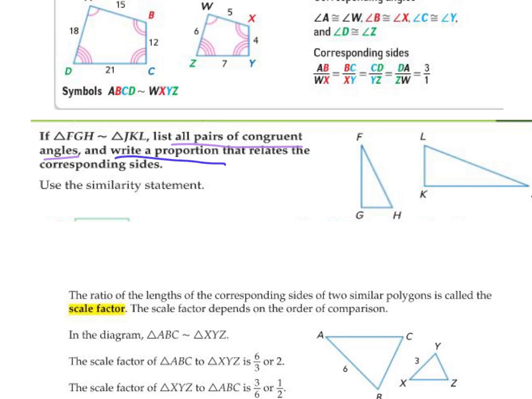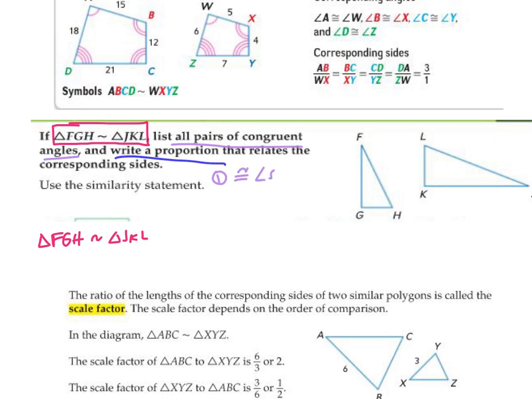First, we want to just use our similarity statement. That is going to be right here, where it says triangle FGH is similar to triangle JKL. This makes everything easier as far as pairing up what goes together. So step 1, finding our corresponding congruent angles.